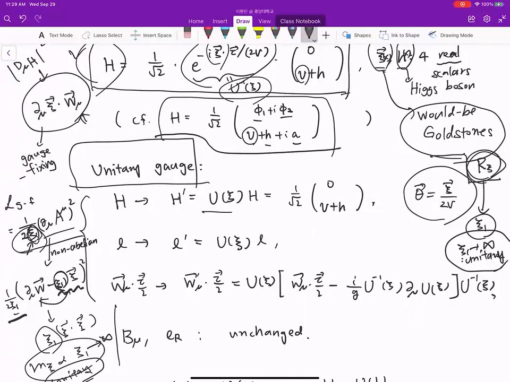Then you can eliminate all these heavy degrees of freedom. Then you are going to the unitary gauge. So it's basis independent. It is the gauge fixing condition that tells you whether the Goldstone bosons are kept or not. But there is the independent.